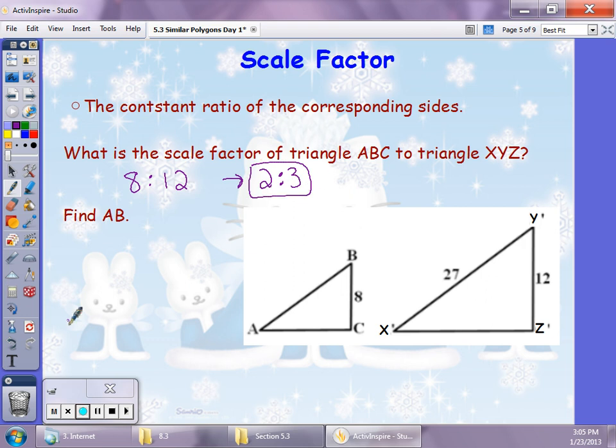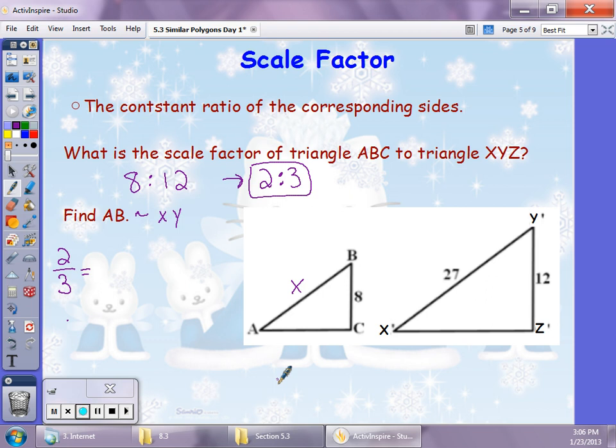We can use the scale factor to find missing sides in corresponding figures. So if we want to find side AB, we know that side AB corresponds to side XY. What I know is that my scale factor is 2 to 3. Since I don't know the length of AB, we're going to call that x. When we match this up, 2 corresponds to triangle ABC, and 3 corresponds to the larger triangle XYZ.